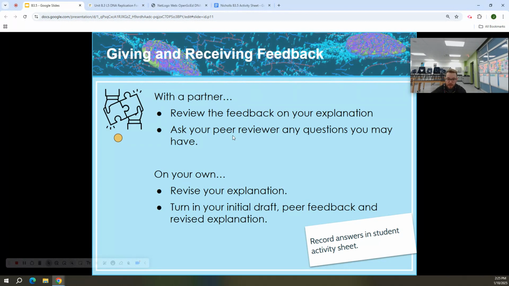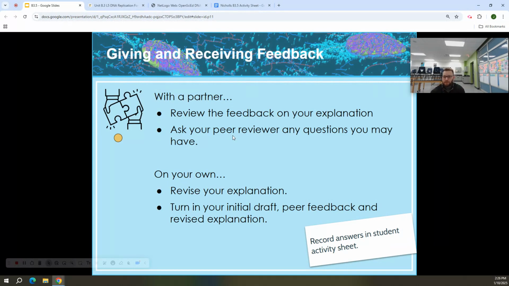Okay, so this just says, go through and review the feedback that you received from your peer, and then revise your explanation. So take that explanation that you had originally, add things, remove things, change things, do whatever you want. And just because someone gave you feedback doesn't mean you have to use it. If you don't agree with what they're saying, you don't have to change anything.